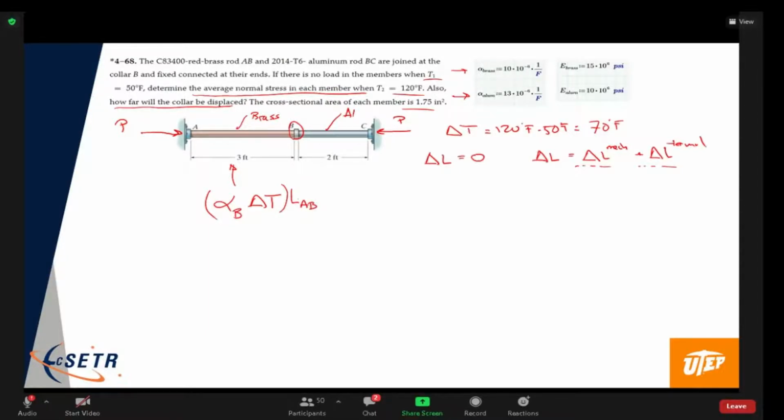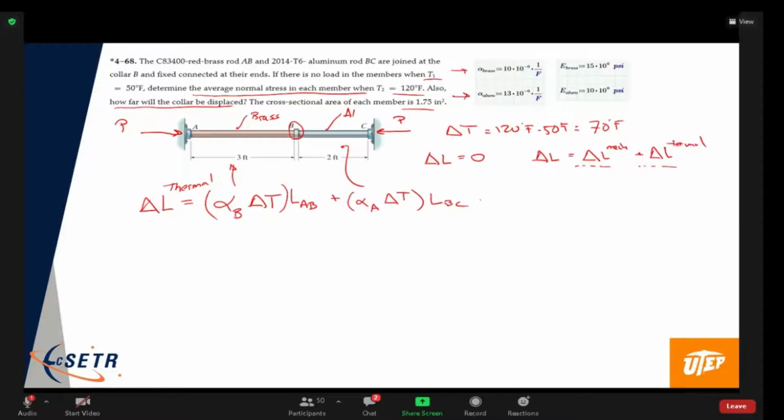So that's how much the brass section wants to expand. Okay, we're going to add on to that how much the aluminum section wants to expand. So that's alpha for the aluminum times the temperature change. Temperature change is the same for both, times the length BC. And so that's going to give me the thermal expansion, the free expansion if it weren't constrained, right?